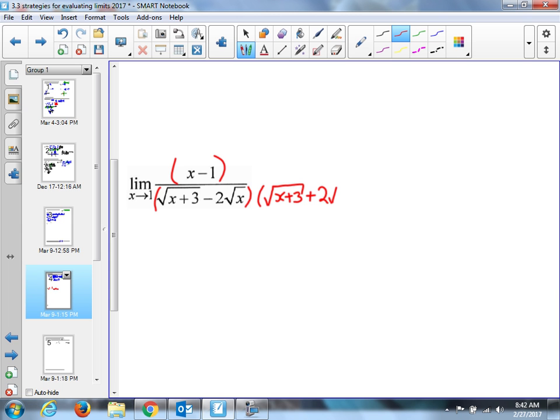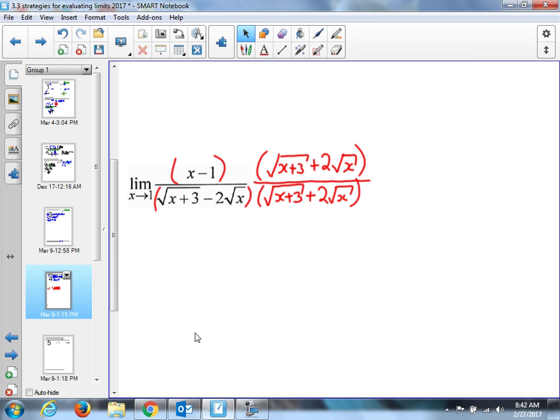Plus 2x. And times on the top. Okay, I've created a difference of squares. Do not multiply it out on the top.